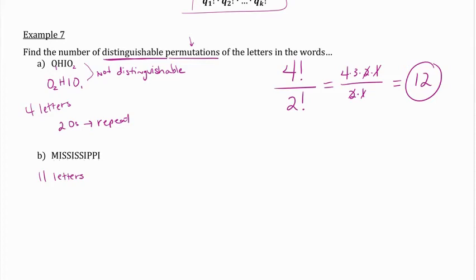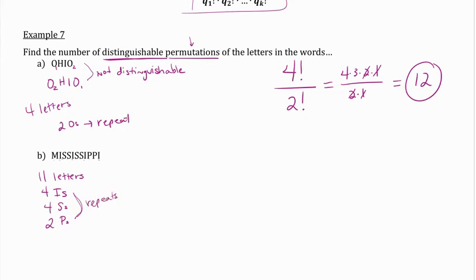There's only one M, so that's good. There are 4 I's, 4 S's, and I've got 2 P's. So this time more than one thing repeats, and we have to think about all of those repeats.